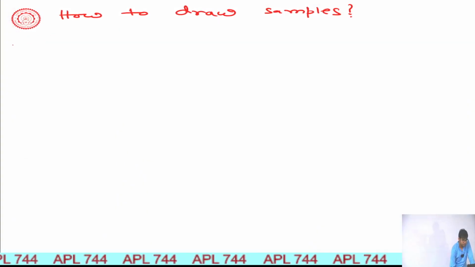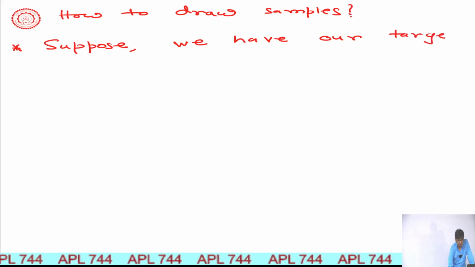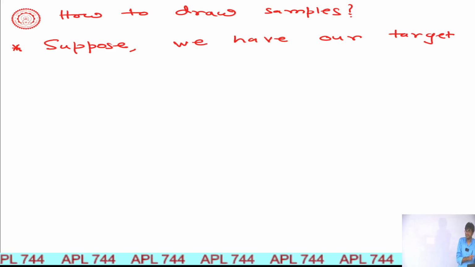So suppose we have our target distribution. I am using the term target because the target distribution is the distribution from which you want to sample. So the target distribution is your distribution of interest.